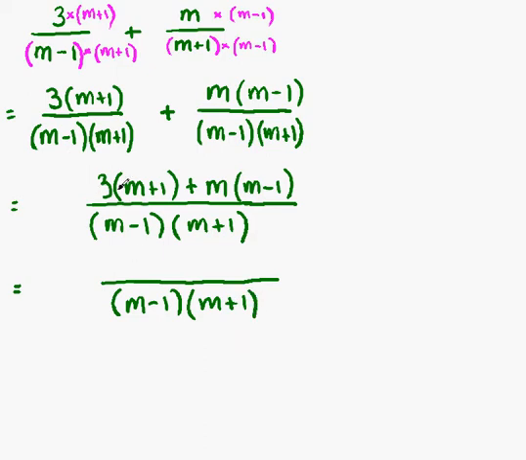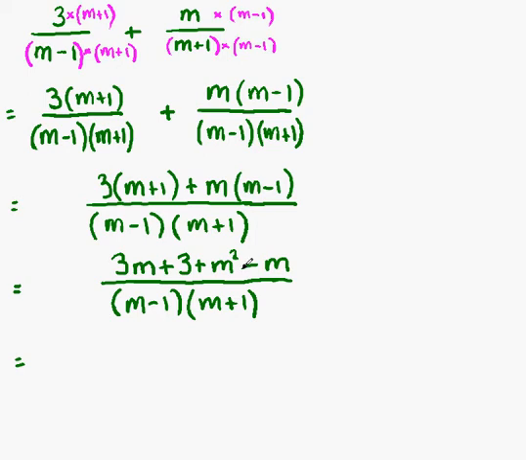So we have 3 times m gives us 3m, and 3 times 1, which gives us 3. m times m, which gives us m squared, and m times minus 1, which gives us minus m. So that does give us something we can simplify.